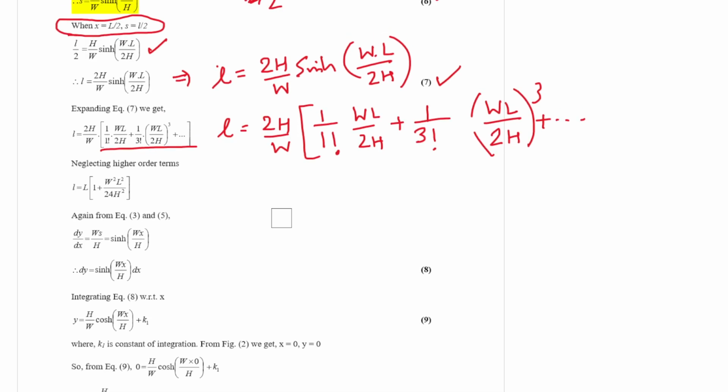If we neglect higher order terms, we don't require them, then taking L outside as common, we get l is equal to L into 1 plus w squared L squared by 24 h squared.